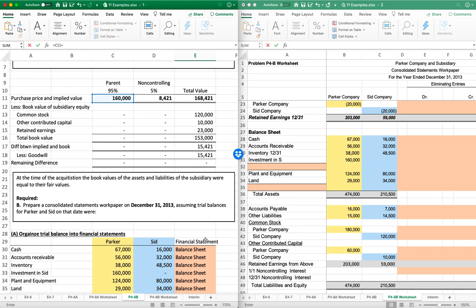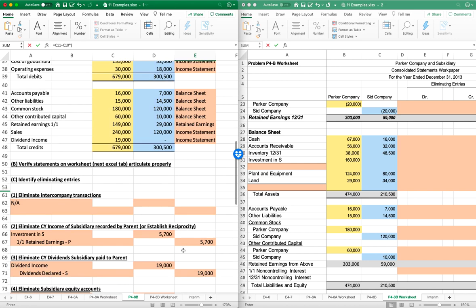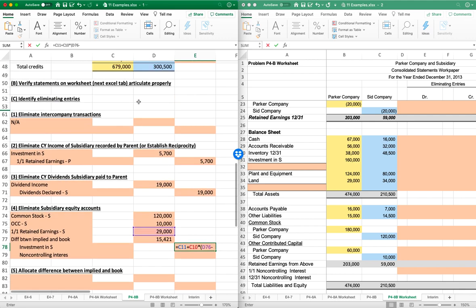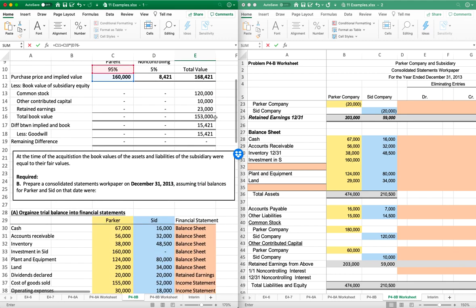We're going to add to that our share, or 95%, of the difference between retained earnings as it appears in this eliminating entry and retained earnings as it was on the date of acquisition, which can be found in our computation and allocation of differences schedule.